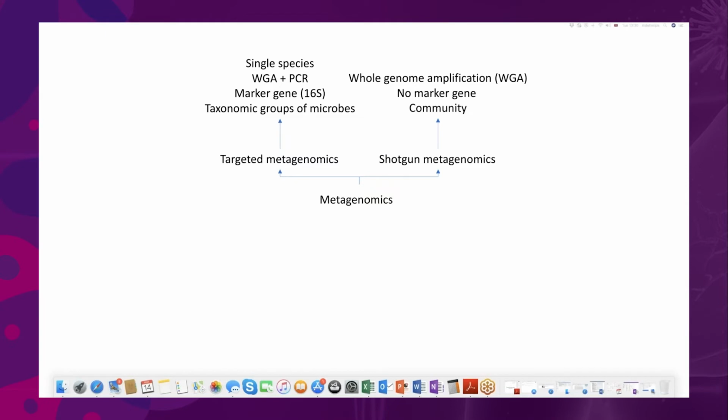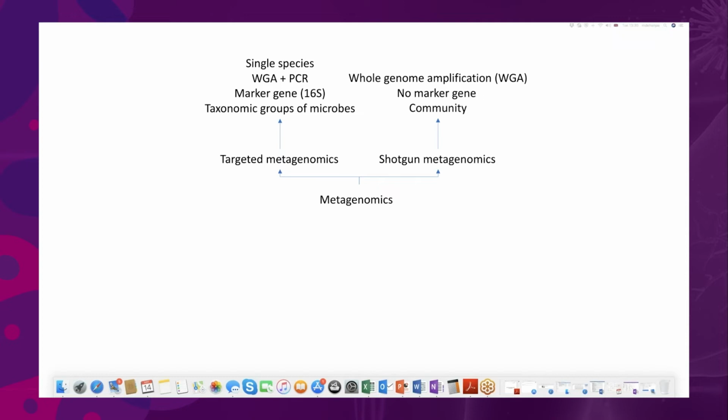In targeted metagenomics, on the other hand, we want to study a certain taxonomic group of microbes, for example, bacteria. In that case, we amplify our DNA libraries using a marker gene that we can find across all the species or the families of microbes that we target.